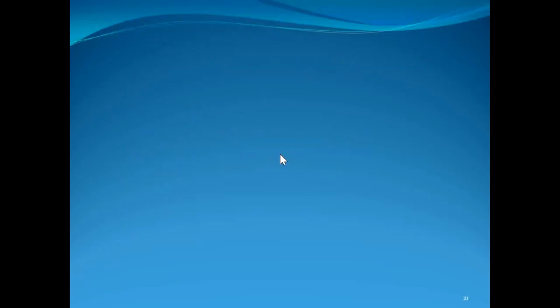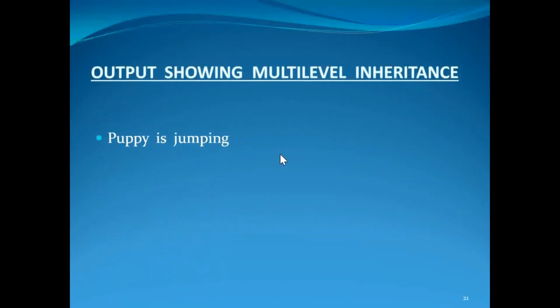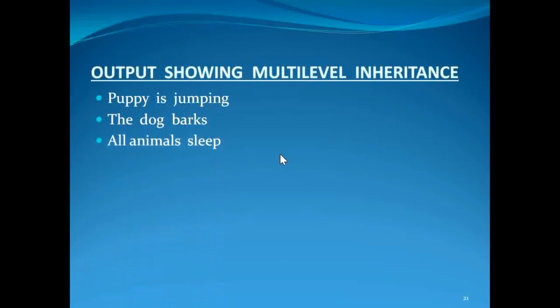So the output of this program will be the puppy jumping, the dog barks, and all animals sleep. So it has all the properties of the parent class as well as the unique property of the derived class. So this is multi-level inheritance.